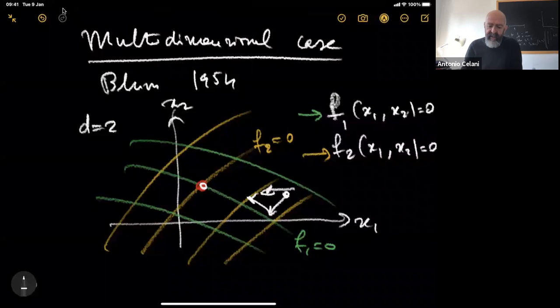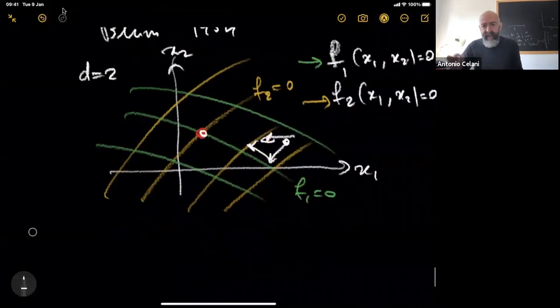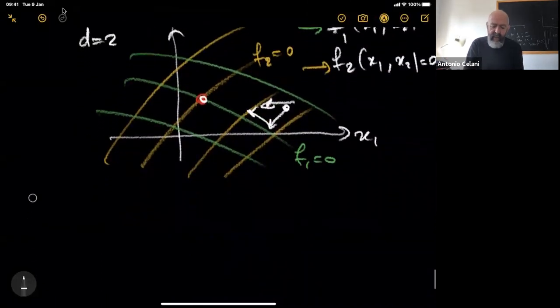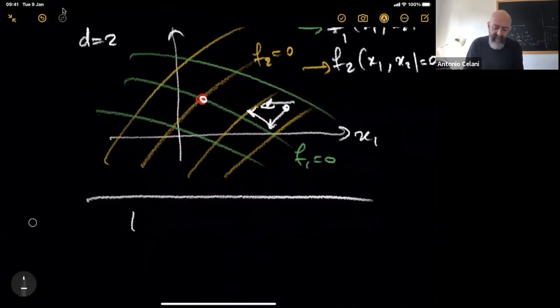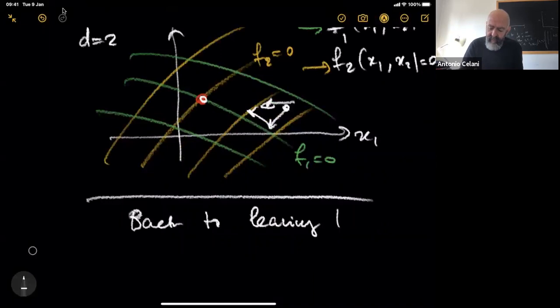Okay, so because what I care the most about now is that we go back to learning the value function.